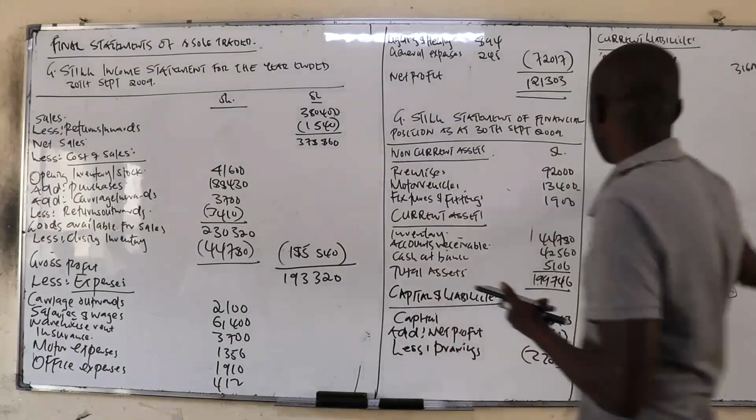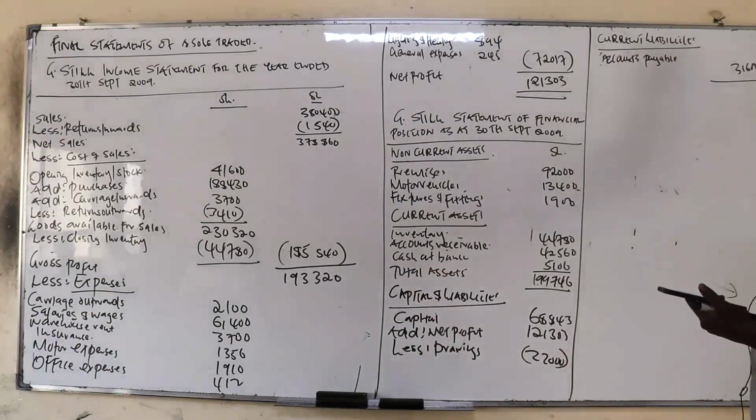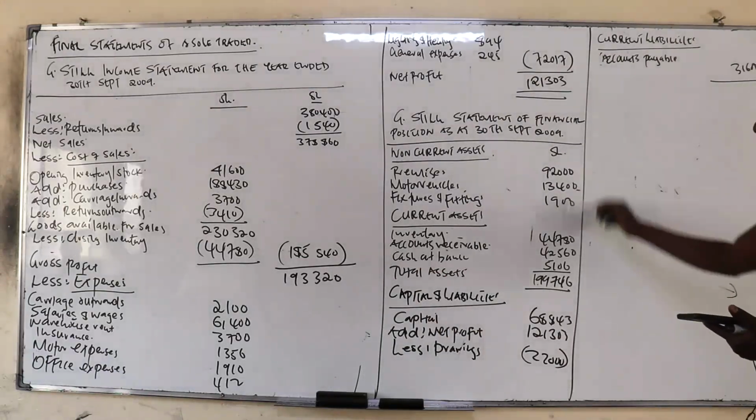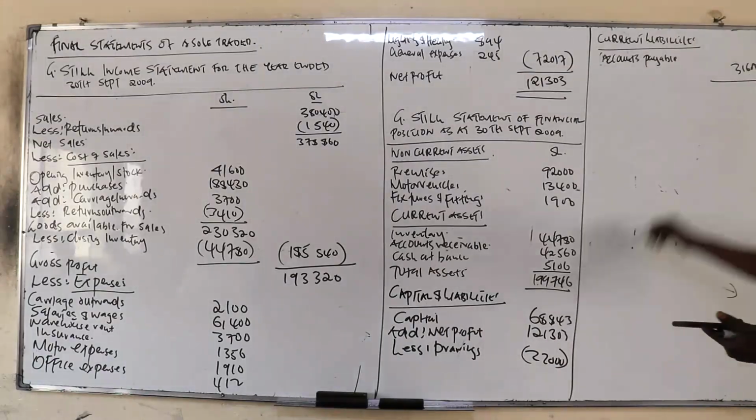199,746. And this other one? The same. This one. If you from here to here is this. And then from here to here.